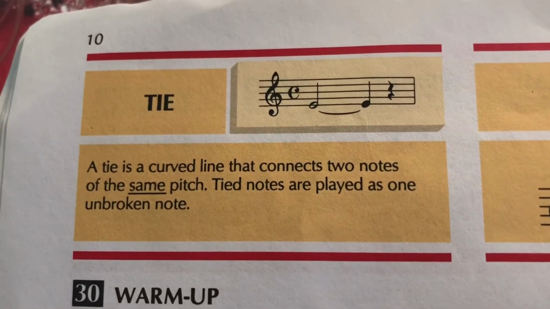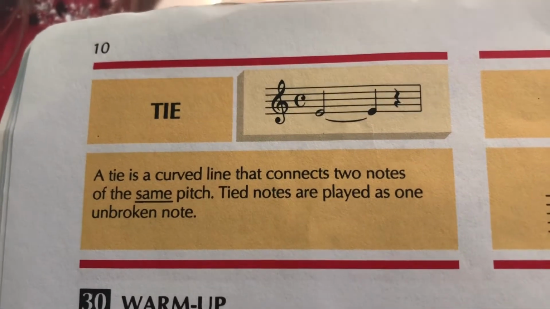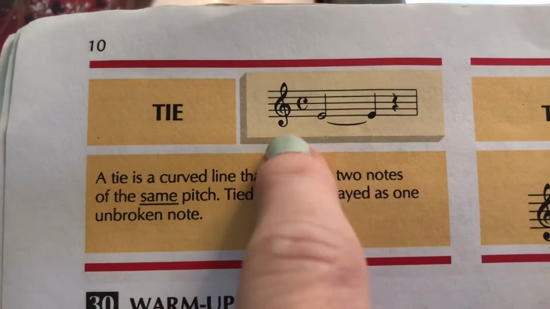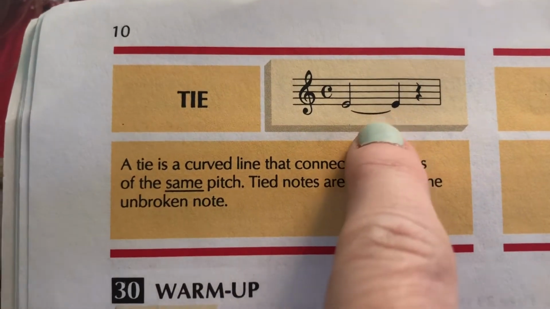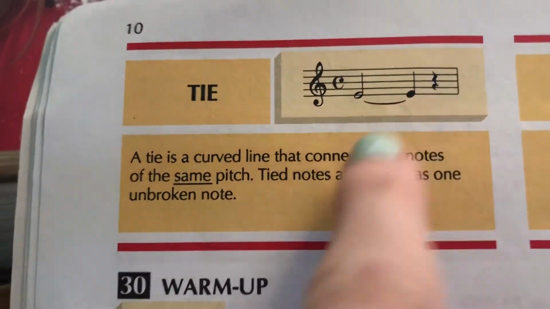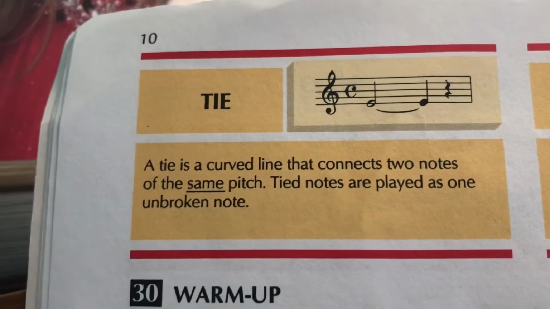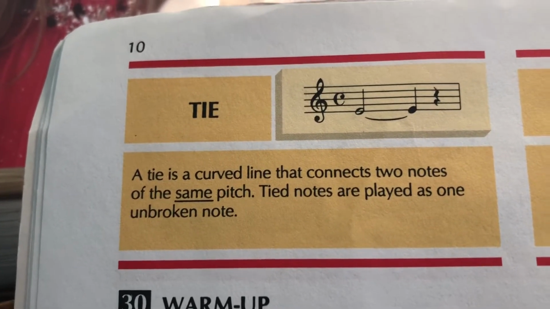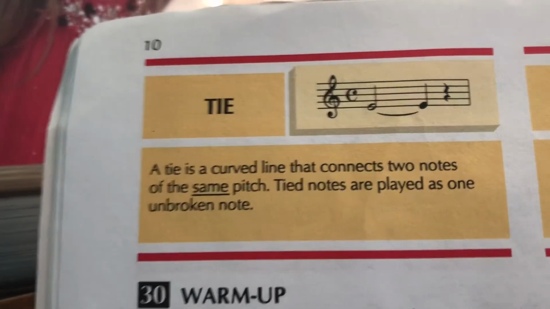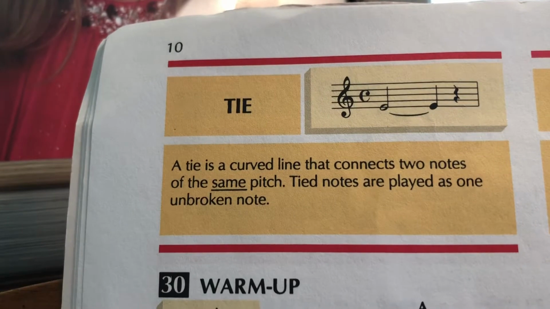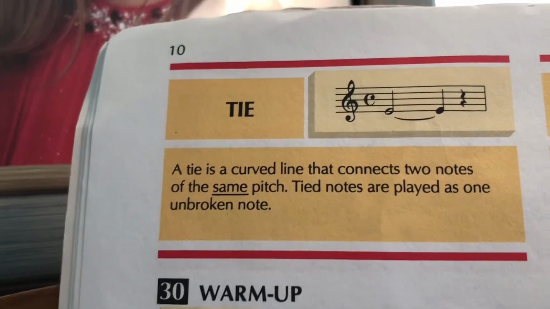The first note there is a half note, it gets 2 beats. Right here, the second one is a quarter that gets 1 beat, and when you connect them with a tie, you would hold it for 3 beats total, and you would not tongue the second note. Ta, ta would be without a tie, or ta, 3 beats with a tie. That is not the same as a slur.